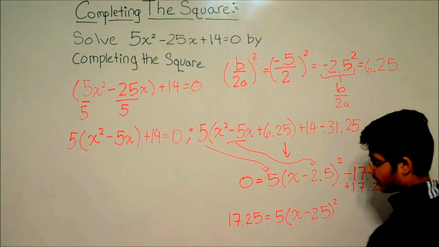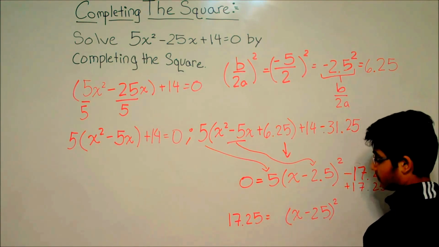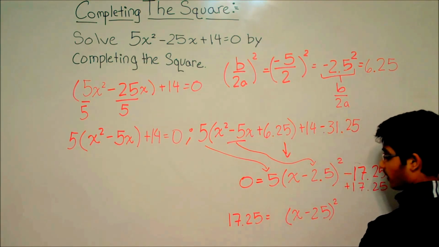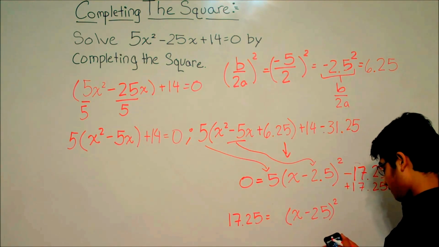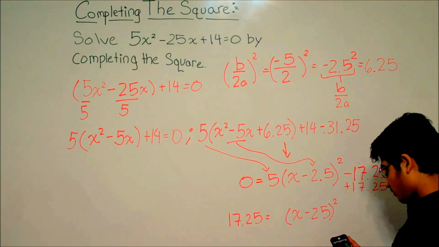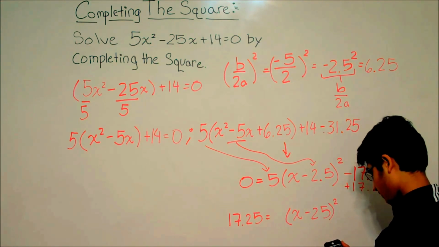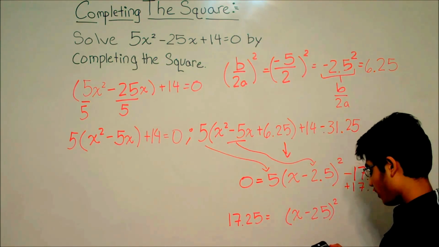So now we have to get rid of this 5 here. To do that, we have to divide both sides by 5. 17.25 divided by 5 is 3.45.